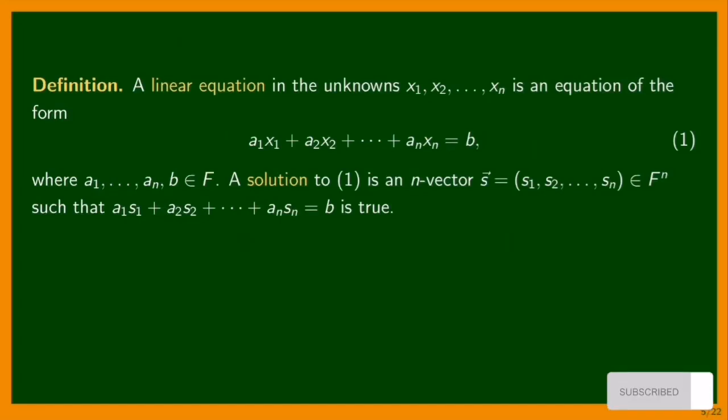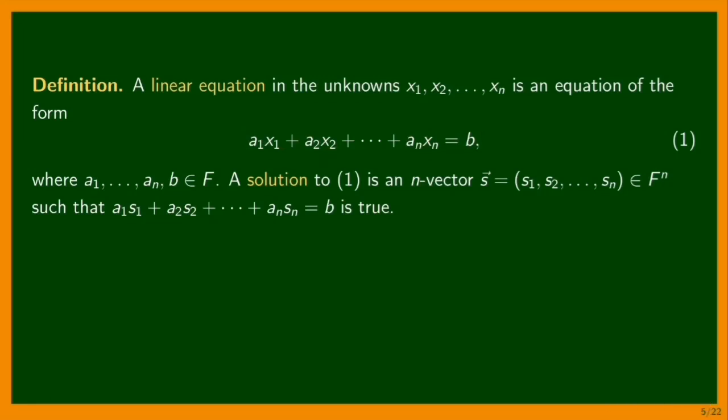At this point, we can now give a definition for a linear equation. So, a linear equation in n unknowns, x1, x2, up to xn, is an equation of the form a1x1 plus a2x2 plus and so on, plus anxn equals b, where each of these, a1, a2, an, and b, are all scalars. The unknowns x1, x2, xn each represent a scalar.